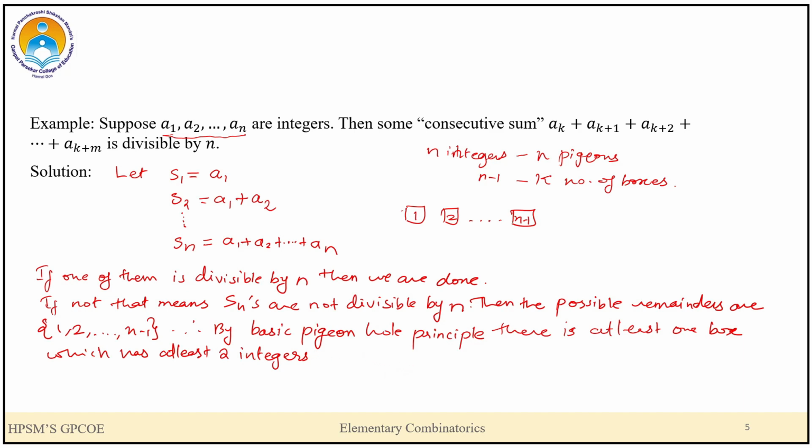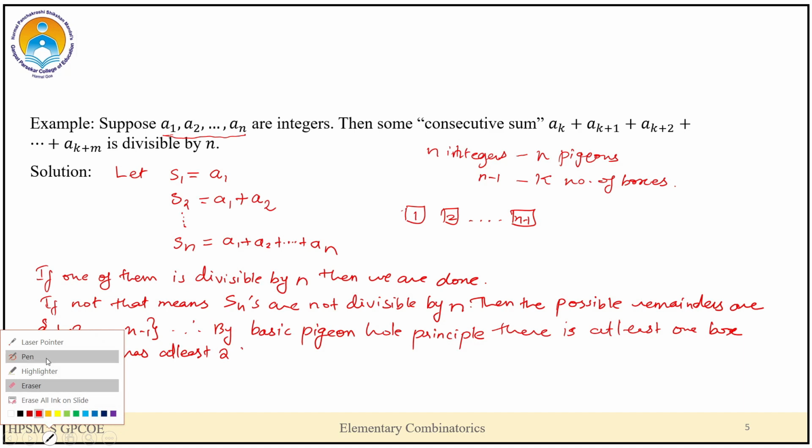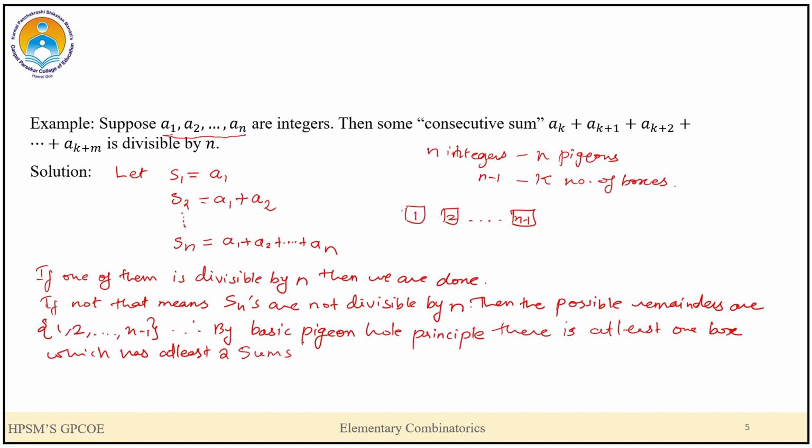Okay, we are referring in this case not to the integers but to the sums. There are a total of n sums, so integers is not a correct word to use here. I'm sorry for that.